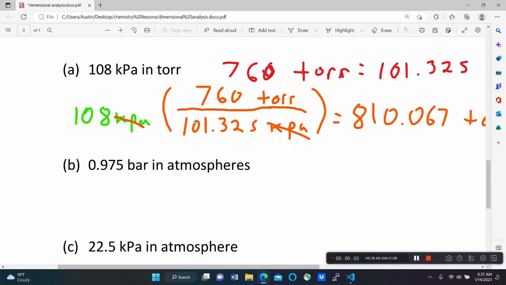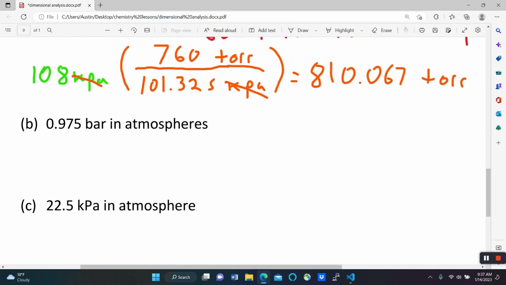Our next practice problem is a little bit more convoluted because we're given two conversion factors. So this question asks us to convert from 0.975 bar into its equivalent magnitude in atmospheres. And we are given two relationships to help us solve this problem.